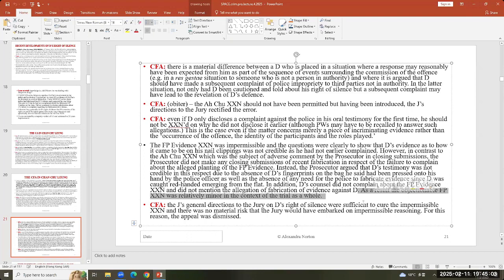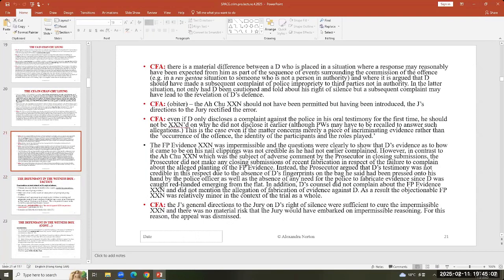There wasn't an irregularity that affected the justice of the case. And they said that because the judge had already also given general directions on the right of silence, that cured as well any impermissible cross-examination. So they dismissed the appeal. So the conviction stood.